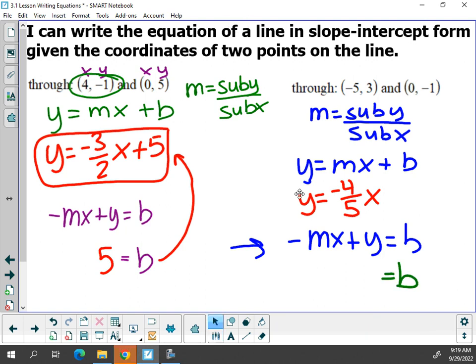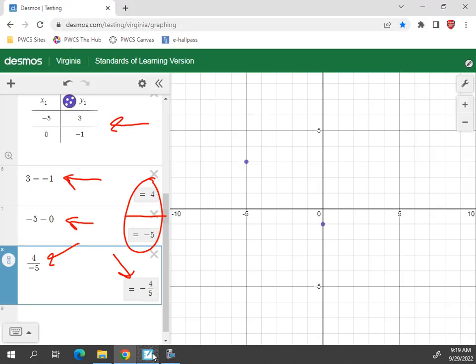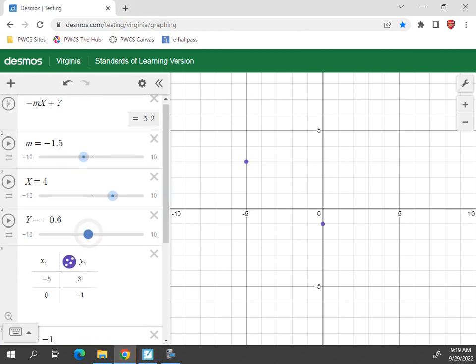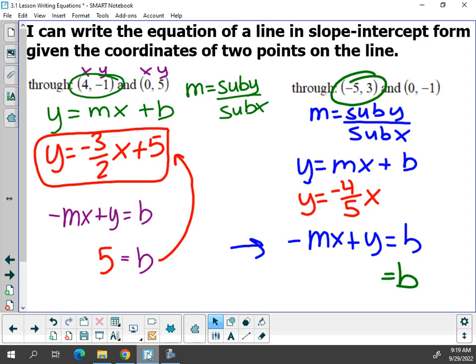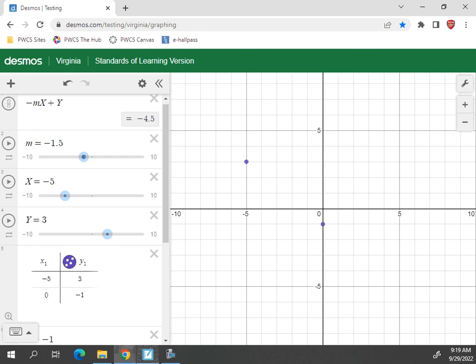I solve for b by picking one of my points. I'll choose negative 5, 3, making x negative 5 and y 3. And my slope is negative 4 over 5, which is negative 0.8.